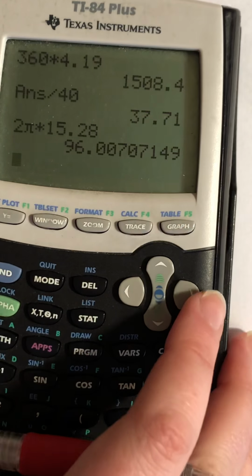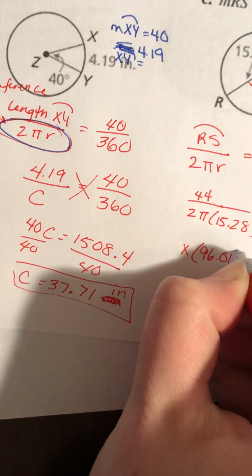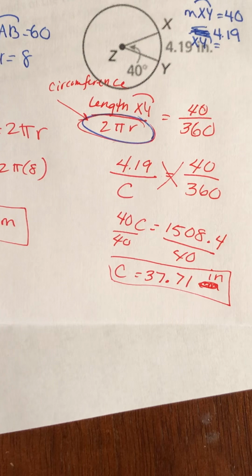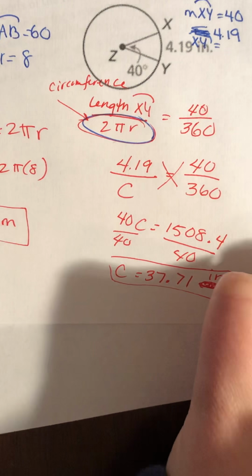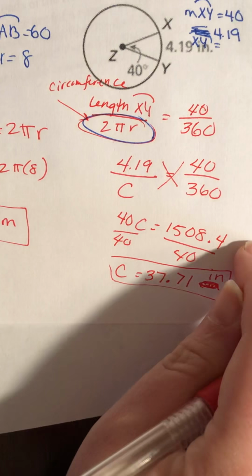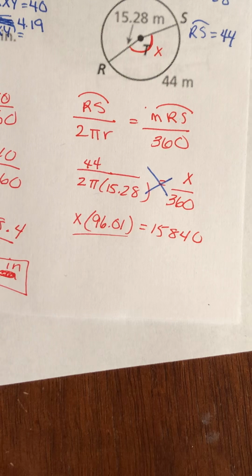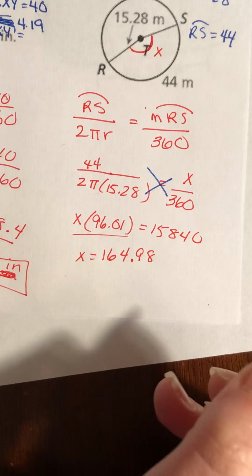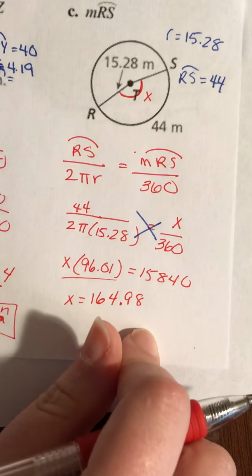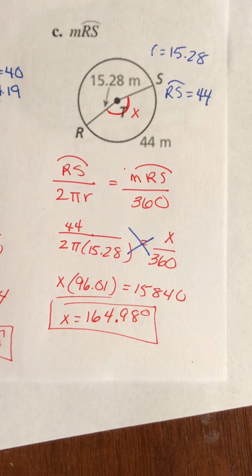So we usually round to 1 or 2 decimals, so 96.01 equals 44 times 360, which is 15,840. Divide both sides by 96.01, and you're going to get 164.98. So think back to what this question was. It was asking for the degree. It was asking for the angle measure. All right? And so in part 2, we're going to do a couple applications of this.